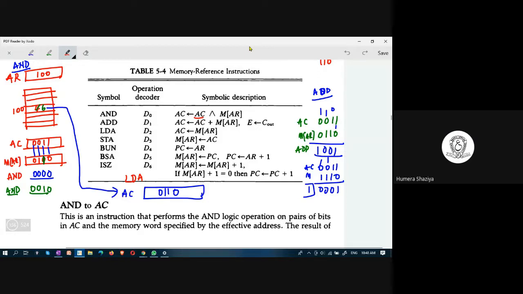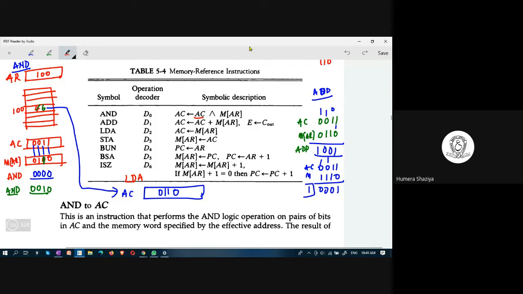This is load into AC; STA stores the content of AC back to memory. Look at the symbolic description. AC has some value. This value, where are you moving it? Into M of AR. Consider the same example again. AR has 100, this is the 100th location.